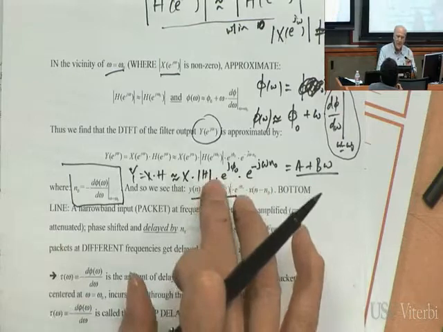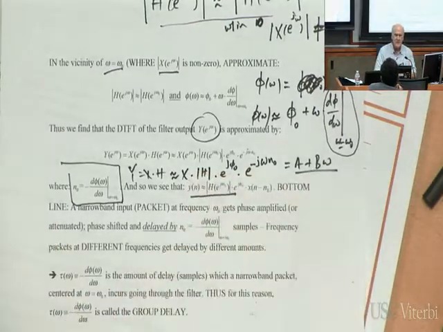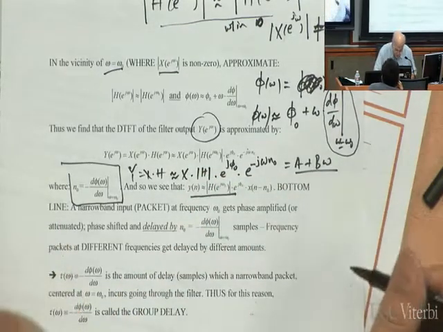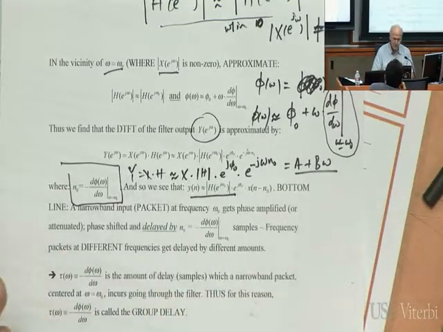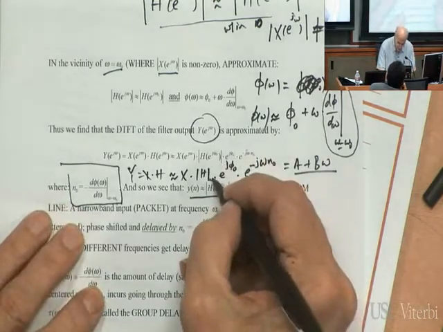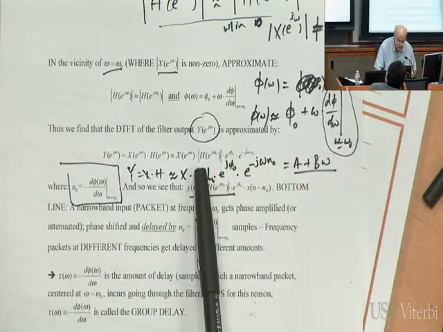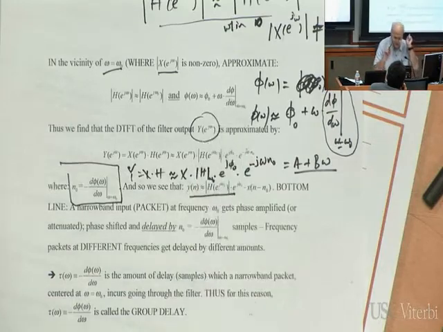For that narrow band case, I've used that approximation. If I go back to the time domain, H evaluated at omega naught is constant, and the phase term is constant.